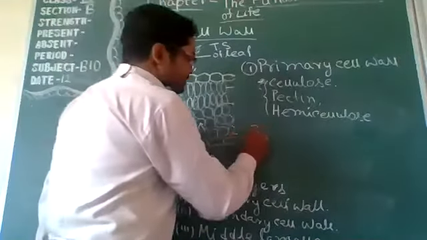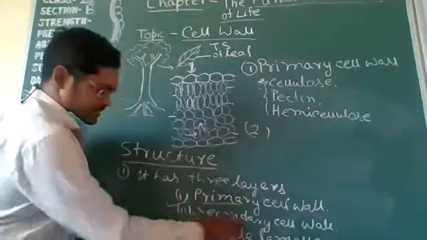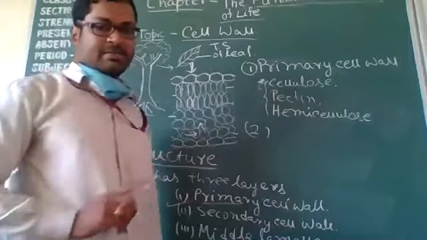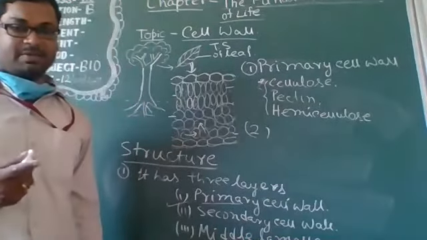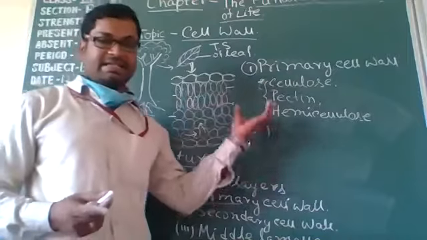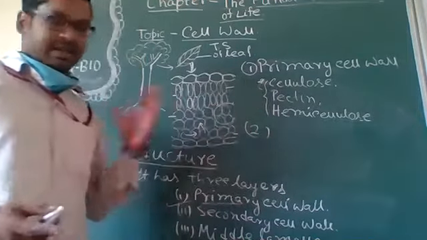Next is secondary cell wall. Which components are present in secondary cell wall and what are their characters?